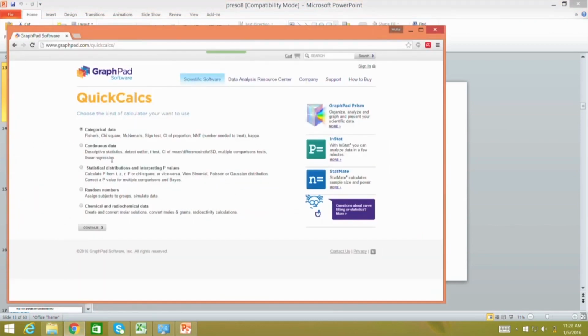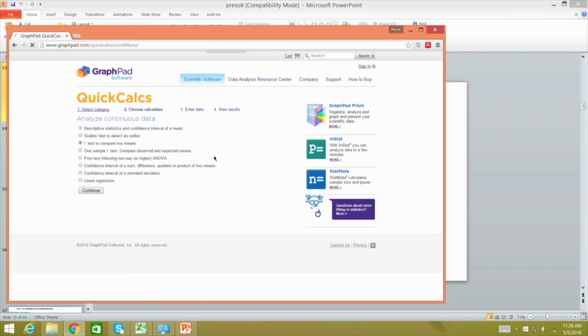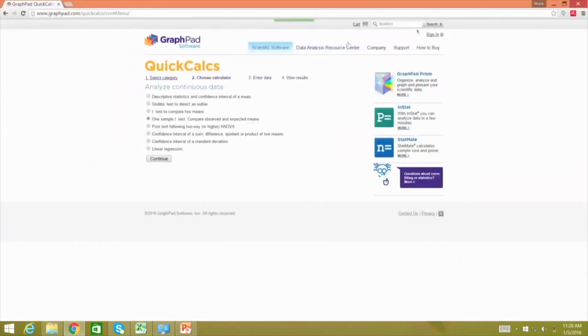Here we have the continuous data. Here we need to use this particular thing. Here you have the one sample t test, as you can see here. You can say continue.